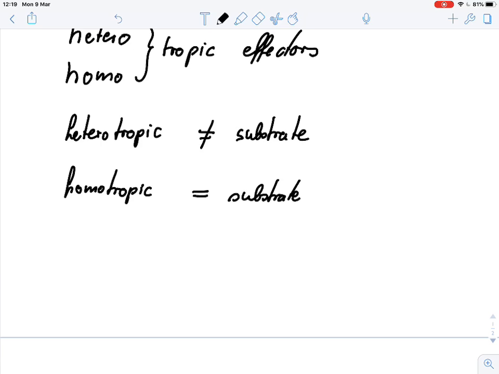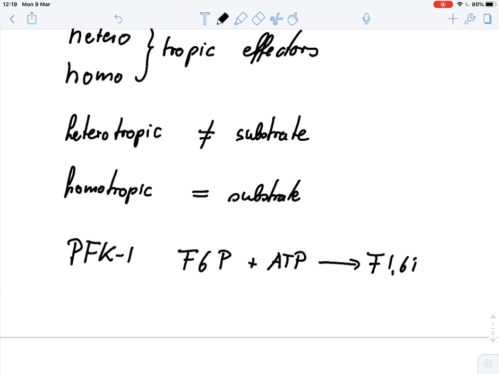So in the case of, for example, phosphofructokinase 1, PFK1, where we know it catalyzes the reaction of fructose 6-phosphate plus ATP gives fructose 1,6-bisphosphate plus ADP, and that is one of the key reactions in glycolysis.